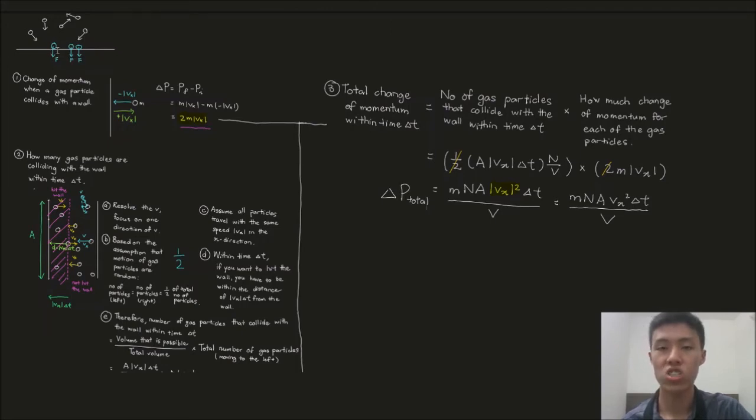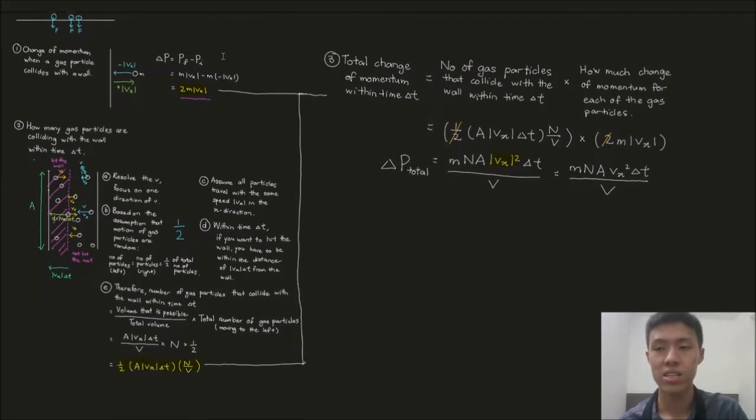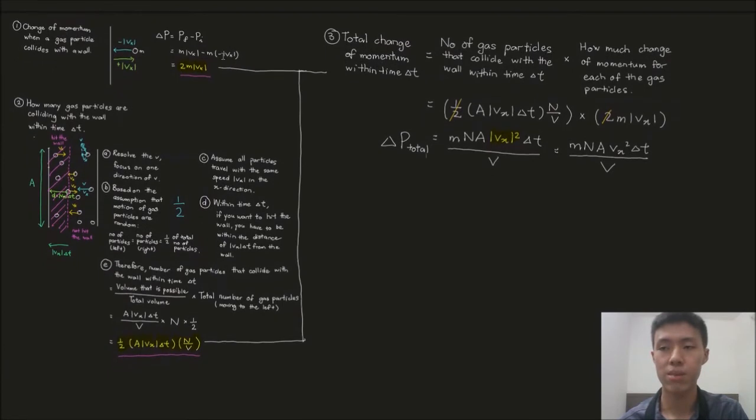We want the change of momentum to become force. And the way to do that is to recall your impulse momentum theorem. If you have no idea what the impulse momentum theorem is, it's better that you review the prerequisite video where we explain impulse momentum in greater depth. So the fourth step, let me write it down first.